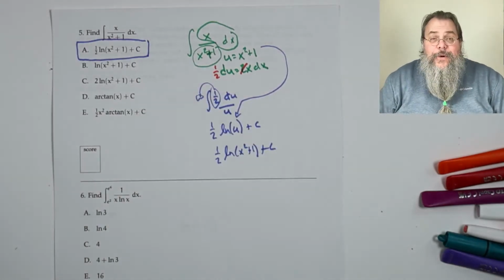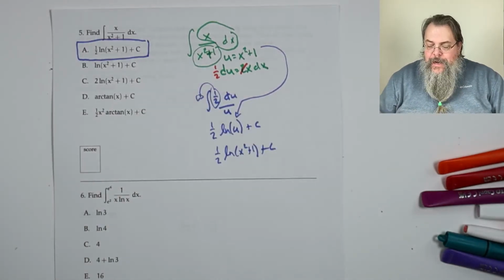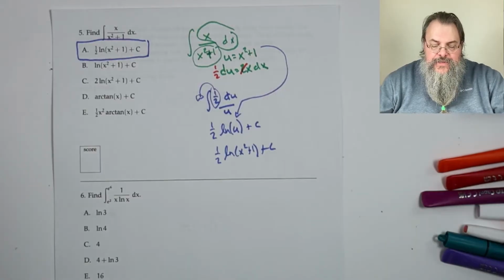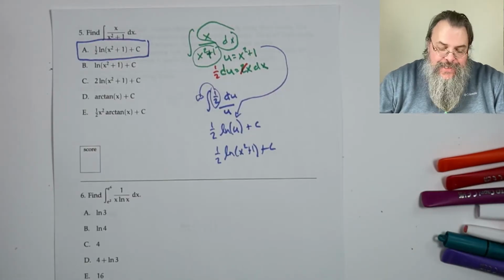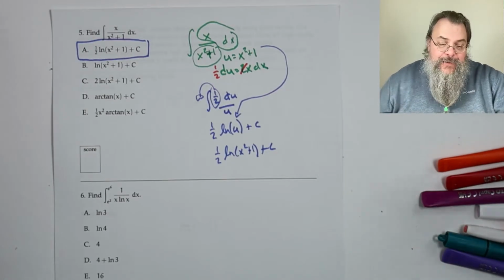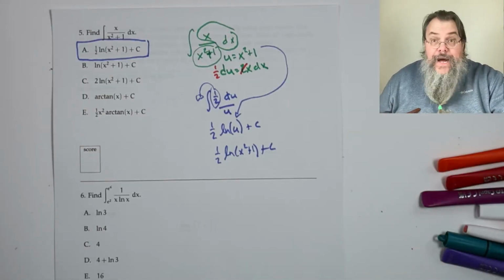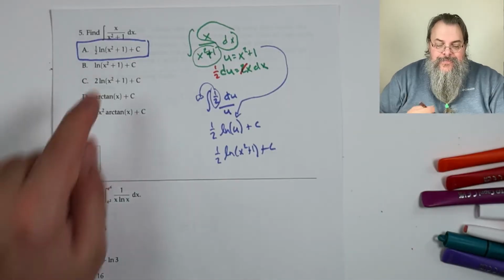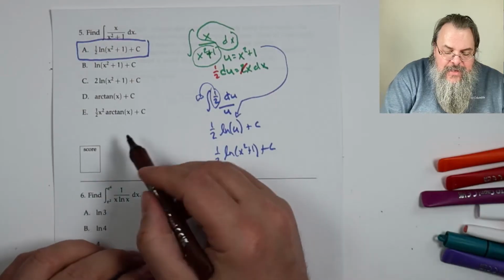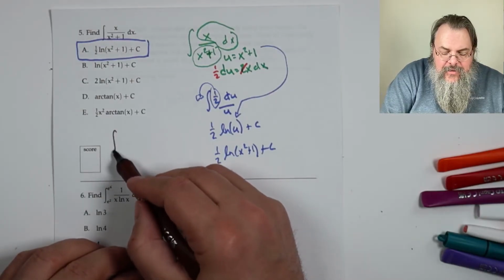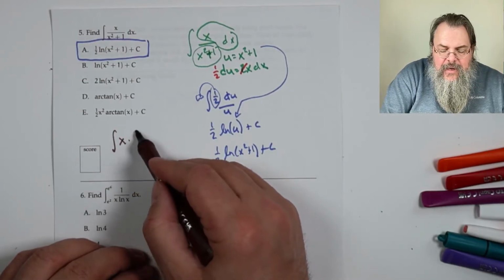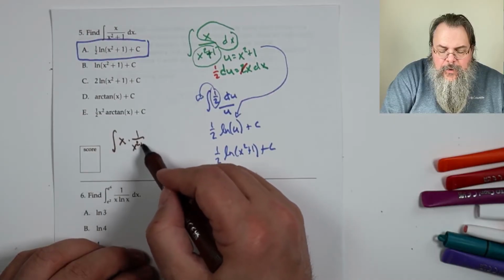All right, now before we leave this one, I want to point out one of these options which is really tempting. I want to point out why it's really tempting, and just warn you not to be tempted. A lot of people will look at this and say, I see an x and a 1 over x squared plus 1.